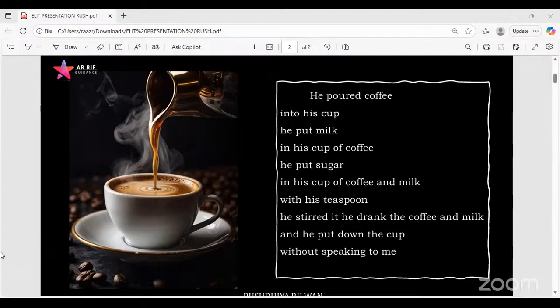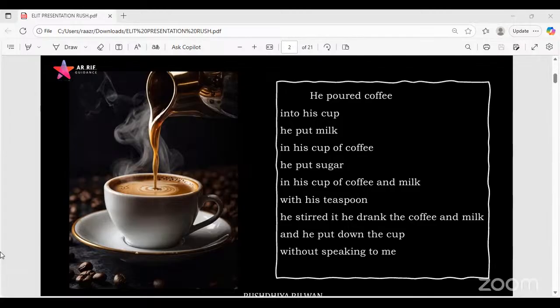This is exactly what happens in this stanza, and the everyday breakfast scene becomes meaningful because silence replaces conversation. Finally, let's end with the key takeaway from this stanza. The first stanza shows a quiet breakfast filled with silence, routine actions and emotional distance, emphasizing how painful it can feel when someone close to us refuses to speak.